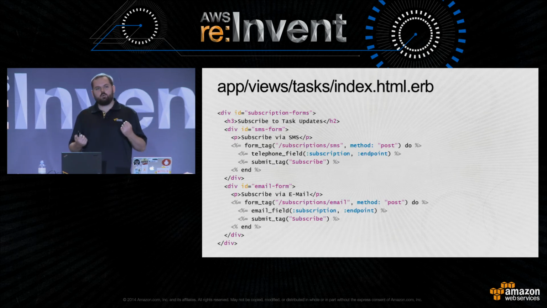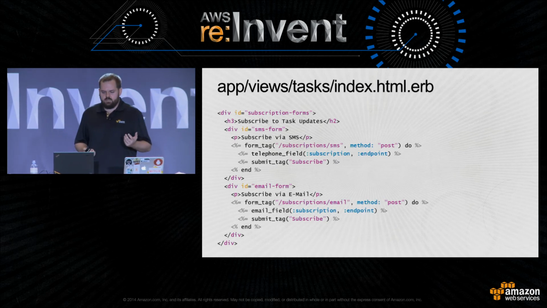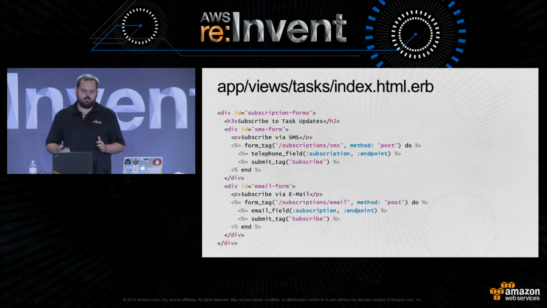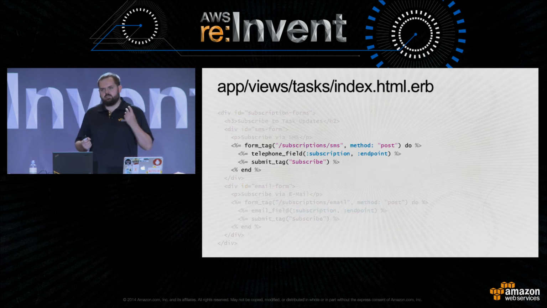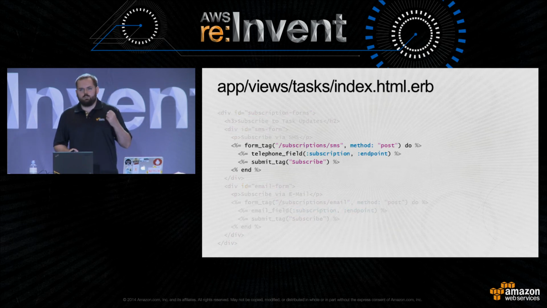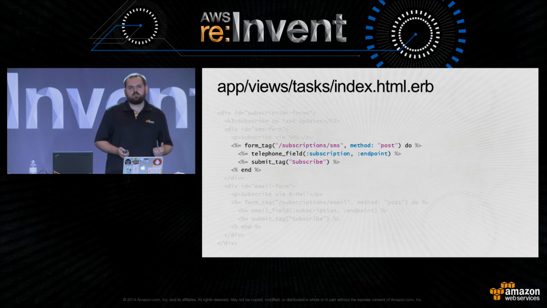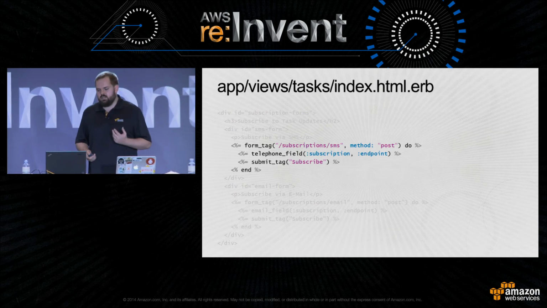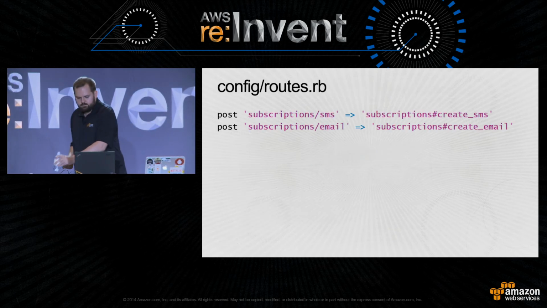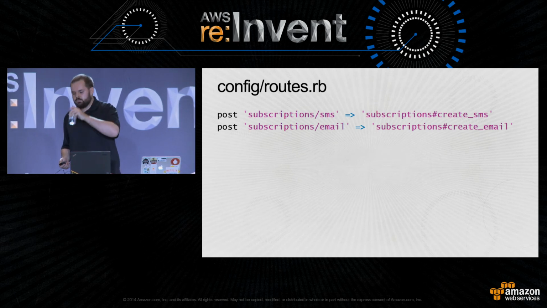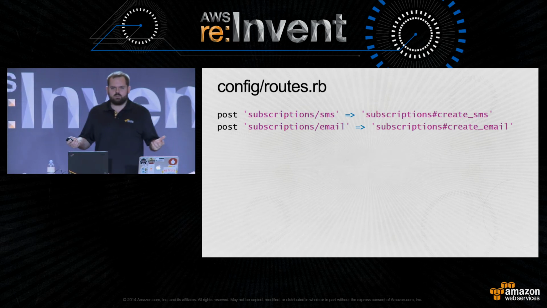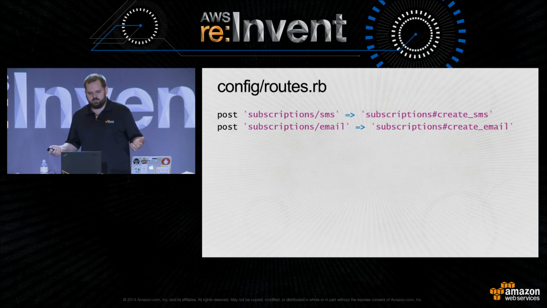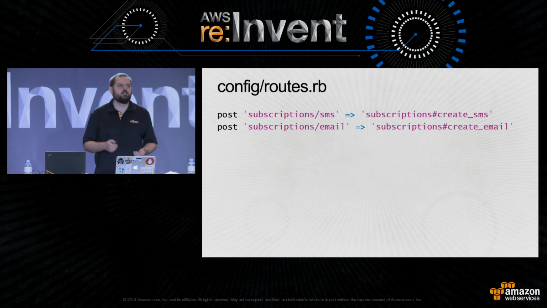We add a form to the index page. Now, there's a lot going on here, but the gist is we have 2 form tags, one to populate an SMS subscriber and one to populate an email subscriber. Routes, we have 2 routes, one for each post action. Simple enough.